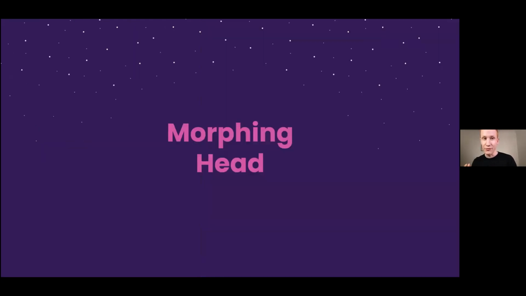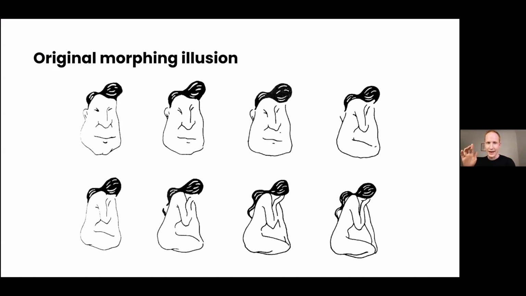Now, the next one's really different. Here it is. You can see it's a sequence of drawings, sequential drawings showing the morphing of a head into a full figure. And it's just ingenious and wonderful.